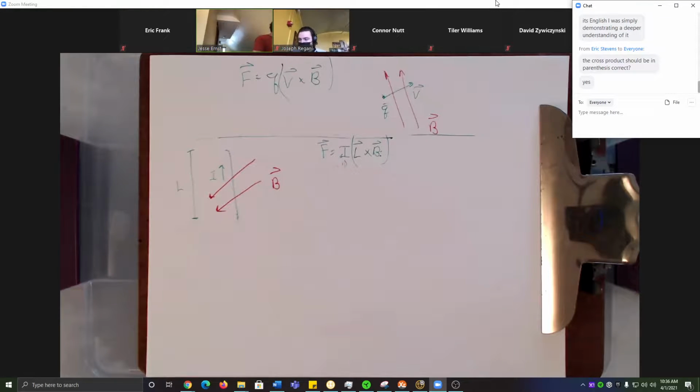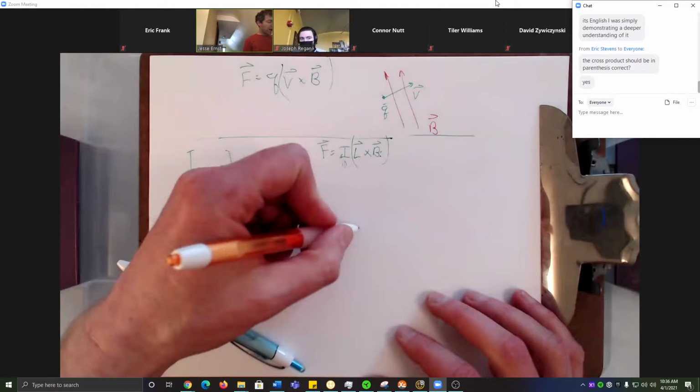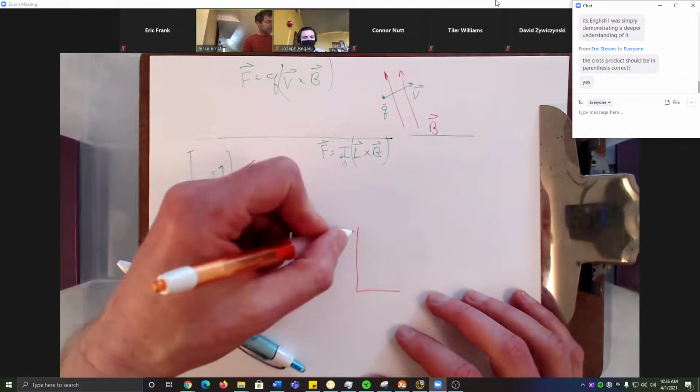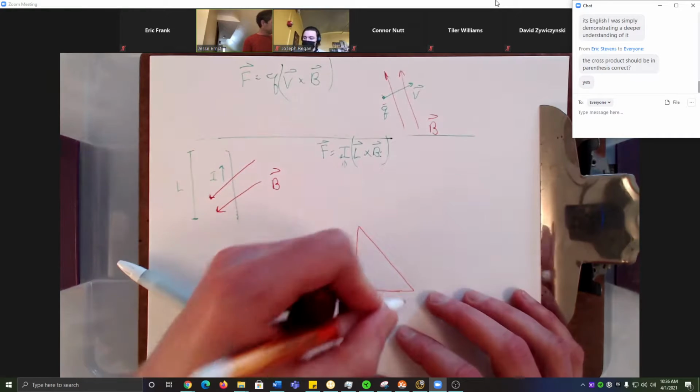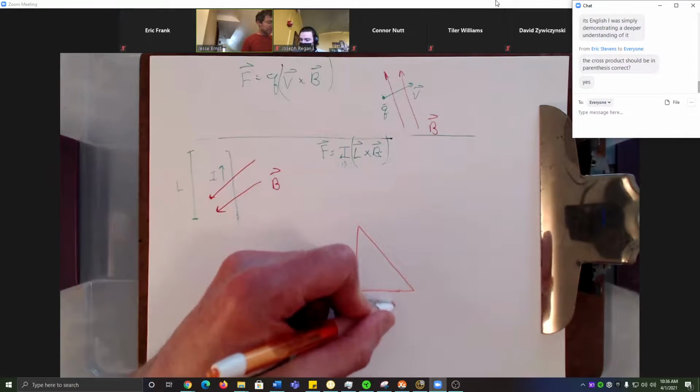Okay, good. So we did one quick problem. Let's do one that's a little more complicated using this just as an example. So let's suppose I have a triangular loop of wire. Let's say this length is 50 centimeters.